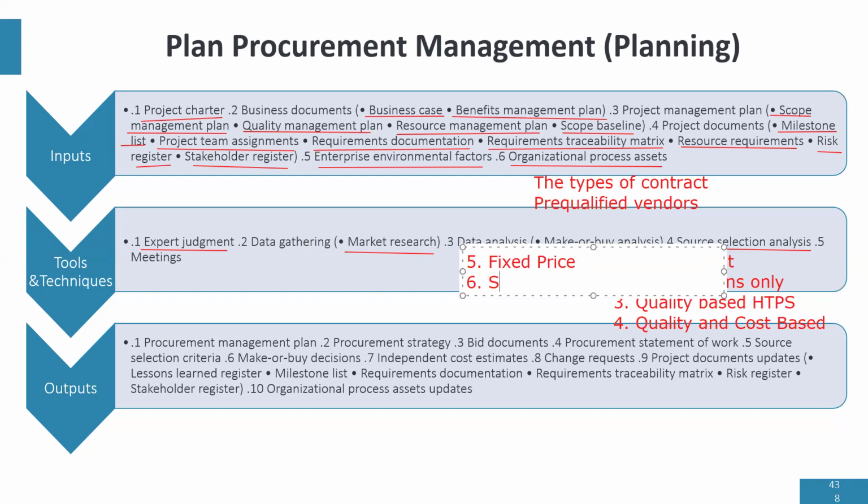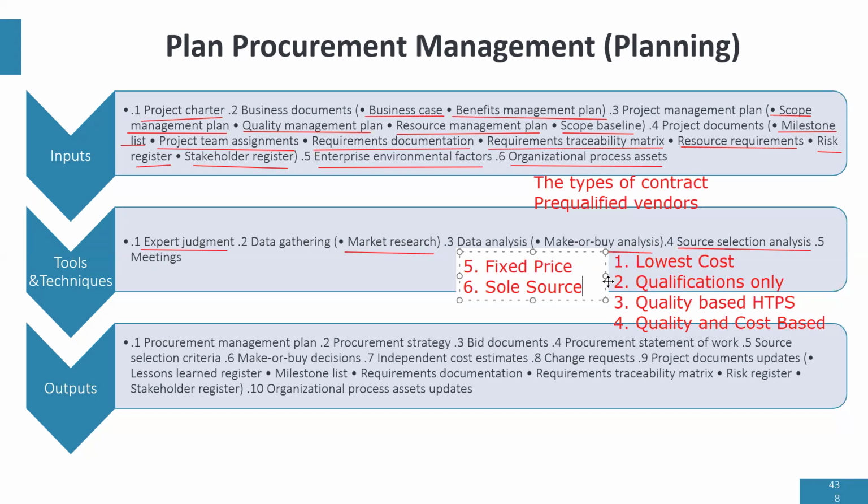Then the last one is sole source. Sole source means that the contract is going to one vendor, and that's because there's only one vendor that can do the work. Like in Nigeria, PHCN is the only company that can give you electricity from the national grid.